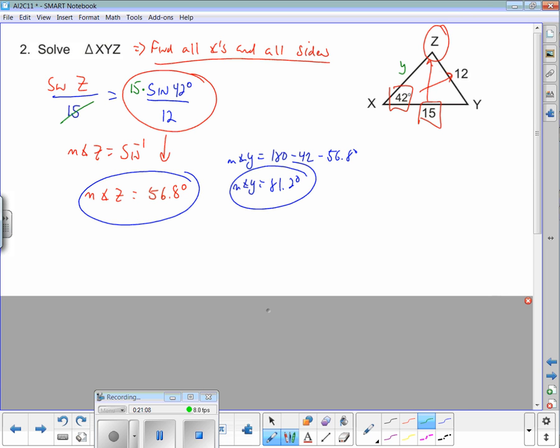All right, so again, my choice here is going to be the law of sines. I'm going to put what I'm looking for in the top left. Side y goes over the sine of angle y, 81.2. We've got to use what we found. There's no other way. And then two things that I know, I definitely know side x and angle x.